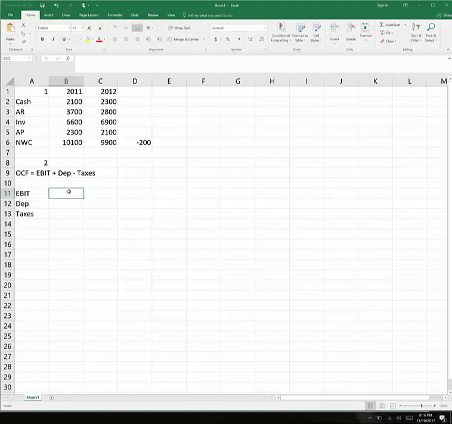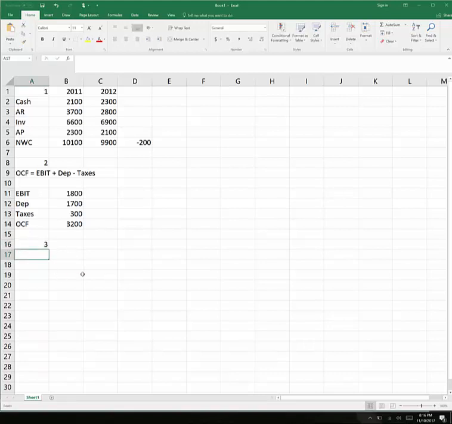So here we have earnings before interest and taxes of 1,800, depreciation of 1,700, and taxes of 300. So our operating cash flow then will be the 1,800 plus the 1,700 minus the 300. So we get to that 3,200 number.